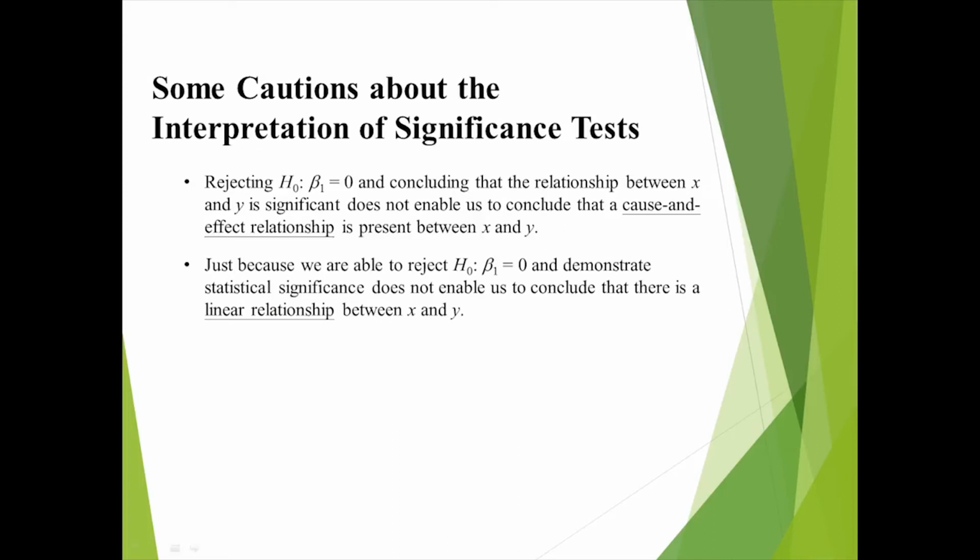Okay, so some caution about the interpretation of significance tests. Reject H0, beta 1 equals 0, and conclude that the relationship between X and Y is significant.